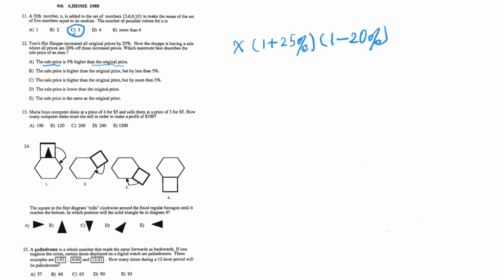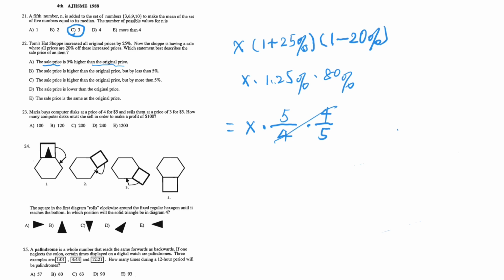So that's equal to X times 1.25 times 80%. That's equal to X times 1.25, that's 5/4, and then 80%, that's 4/5.